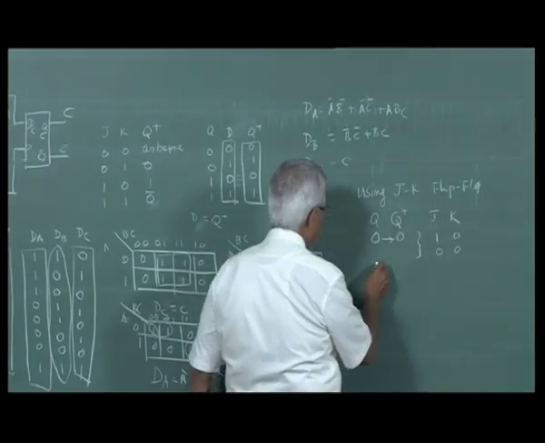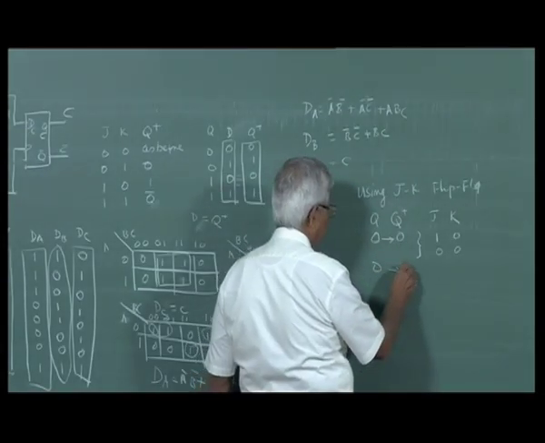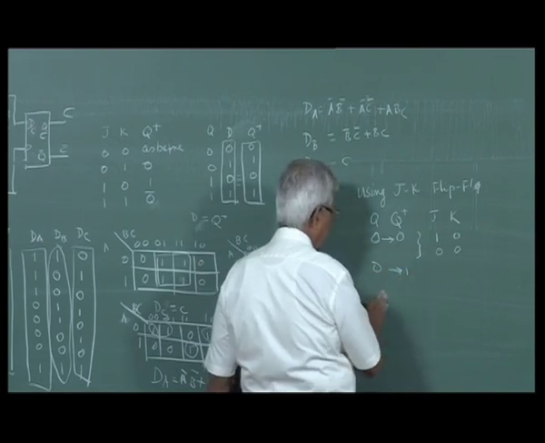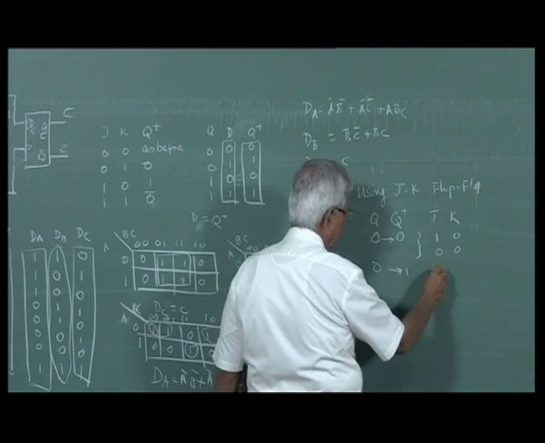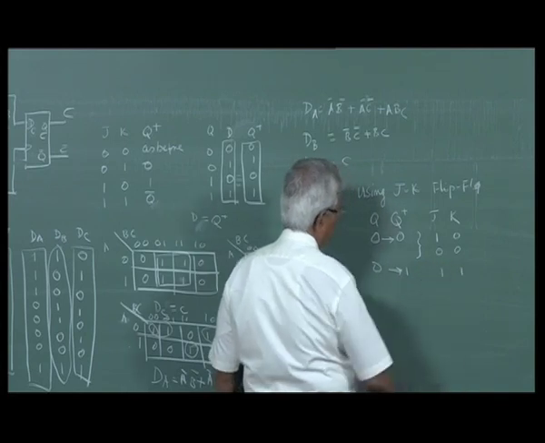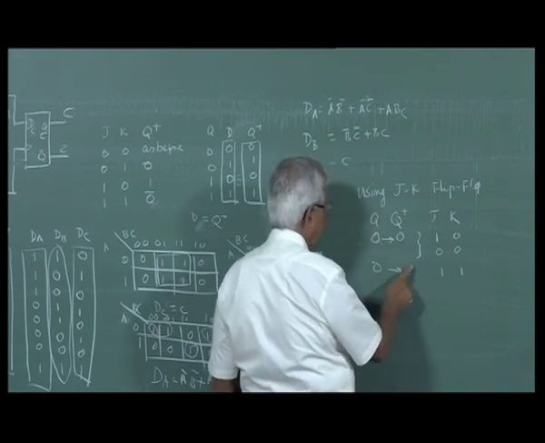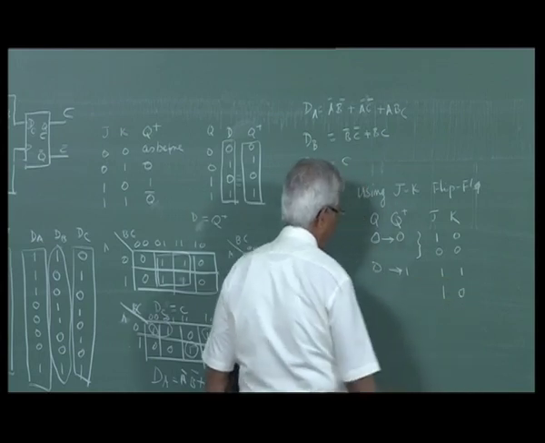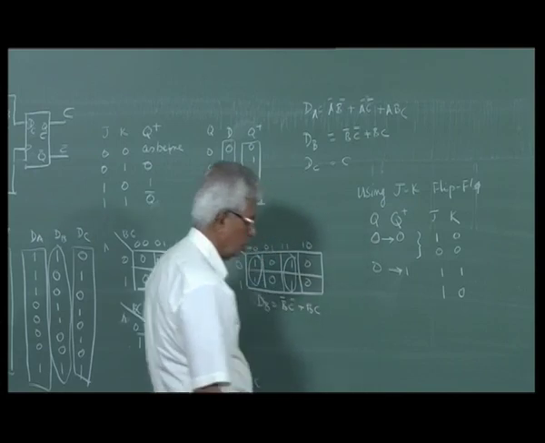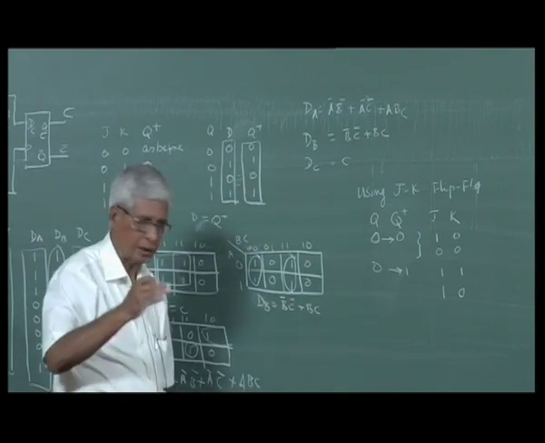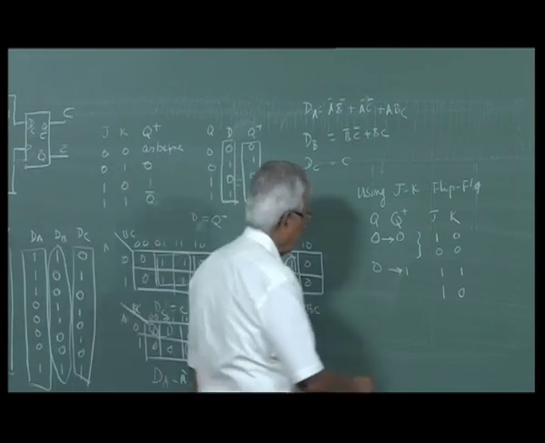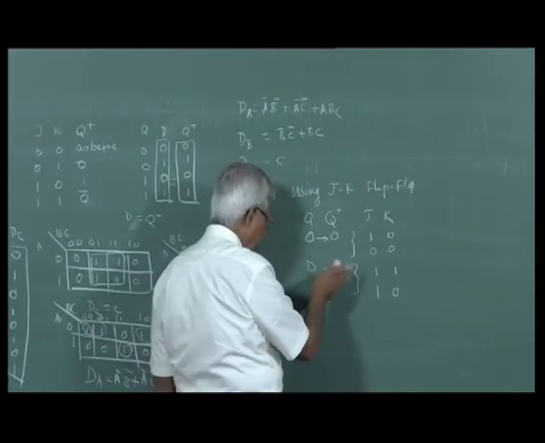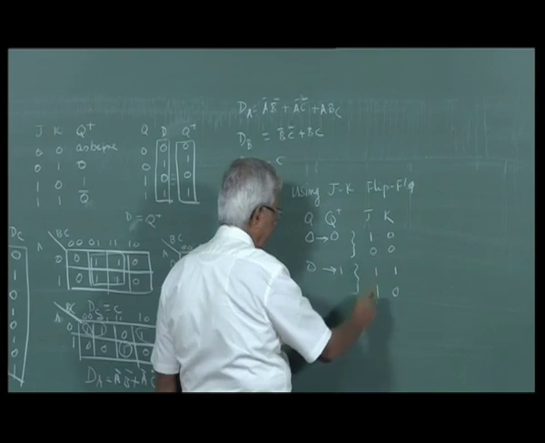Then we have 0 to 1 combination. 0 to 1 can be made either by toggling or by making J equal to 1 and K equal to 0, because when you make J equal to 1, K equal to 0, the next state will be 1 irrespective of what the previous state is, or I can have the previous state and toggle it to become the next state.